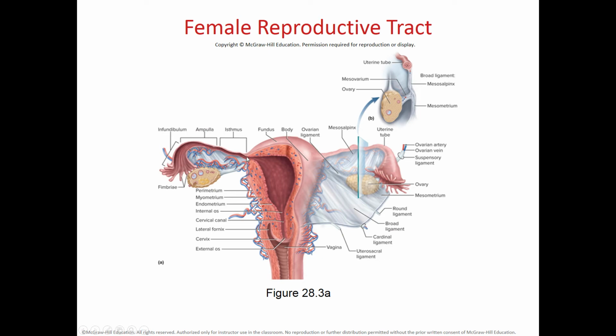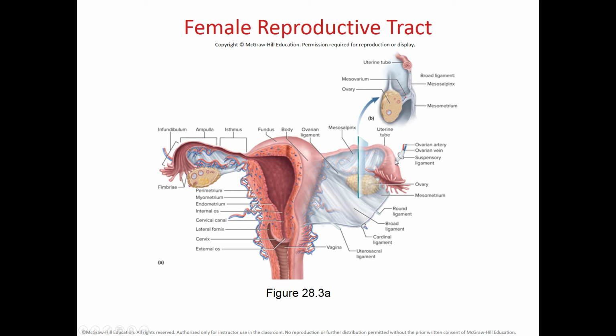And the isthmus is a constricted region that connects into the superior lateral portion of the uterus, which is this. And then here we have the ovaries, suspended by this ovarian ligament to the sides of the uterus. And this is part of the mesosalpinx, part of the broad ligament that helps protect this uterine tube from moving up and down or laterally.